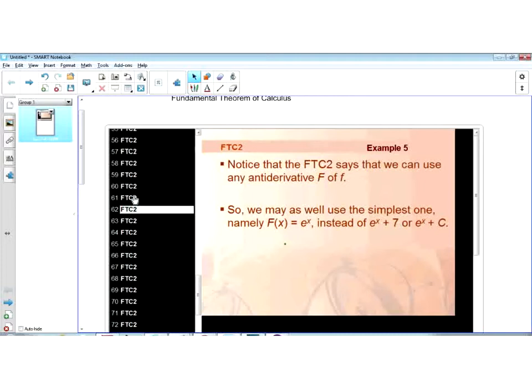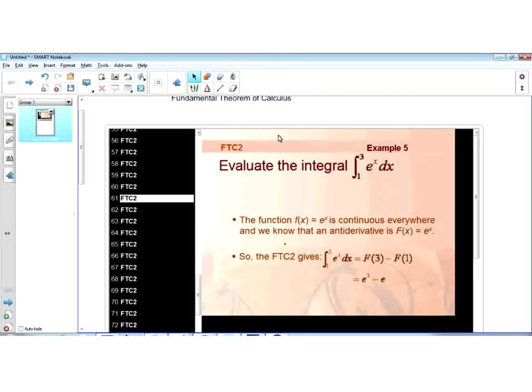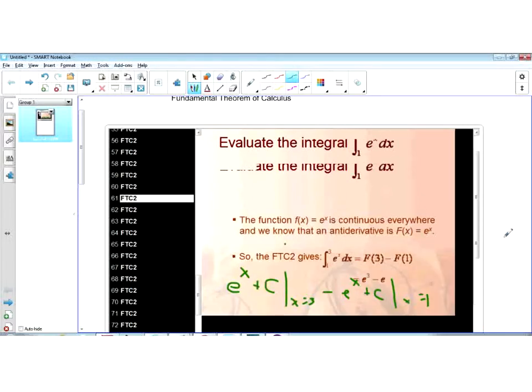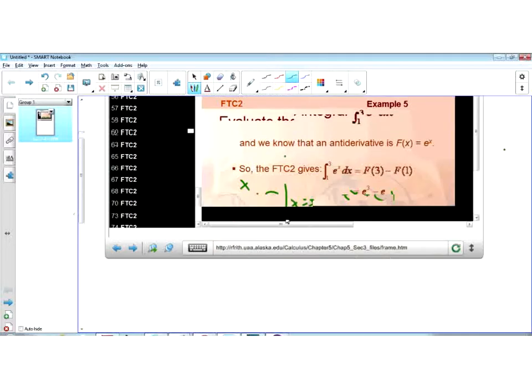Notice that in the evaluation of this expression, the integration constant, that plus c value, basically what they're saying is this. The antiderivative is e to the x plus c. So we evaluate e to the x plus c at x equals 3 minus e to the x plus c evaluated at x equals 1.